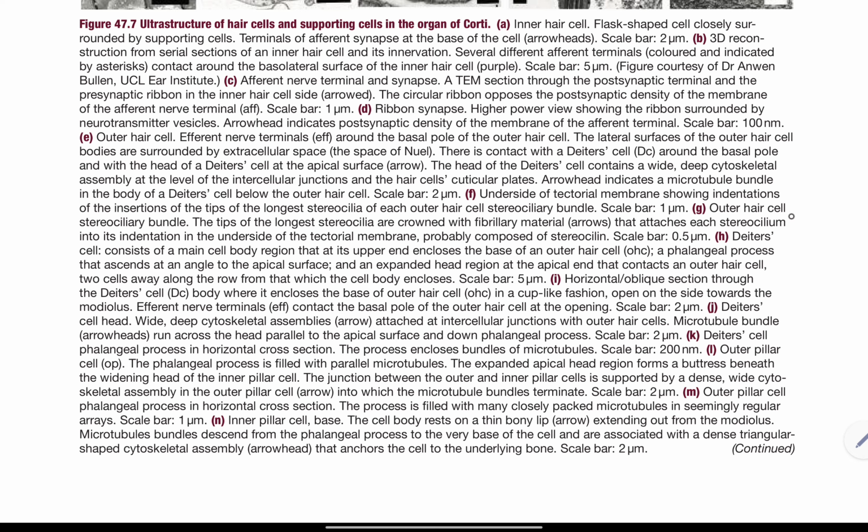G, the outer hair cell stereociliary bundle. The tips of the longer stereocilia are crowned with fibrillary material that attaches each stereocilium into its indentation in the underside of the tectorial membrane, probably composed of stereocilin. Scale bar 0.5 millimeter.